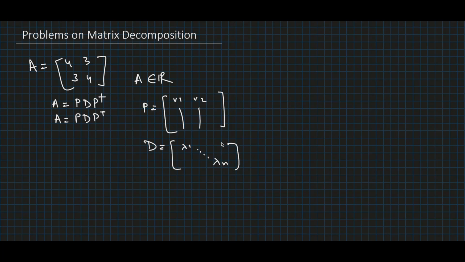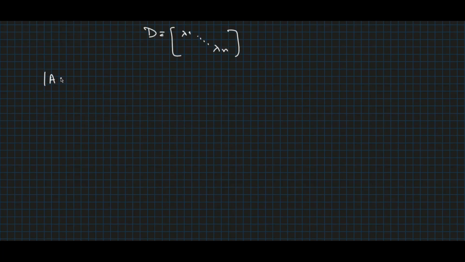So let's first find out the eigenvalues of A such that determinant of A minus lambda I is equal to 0, which implies determinant of [4 minus lambda, 3; 3, 4 minus lambda] is equal to 0.